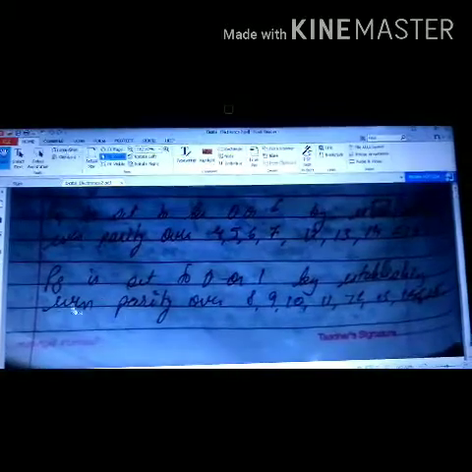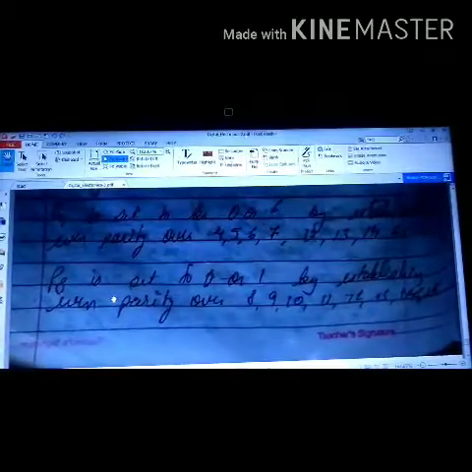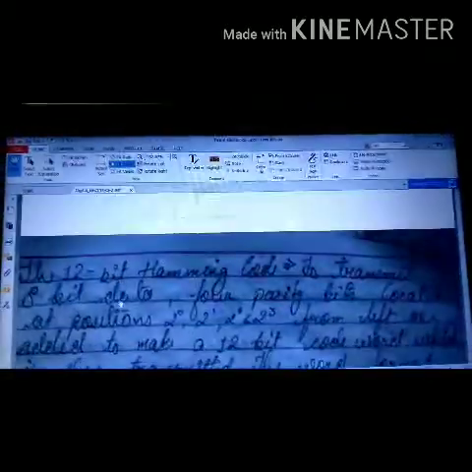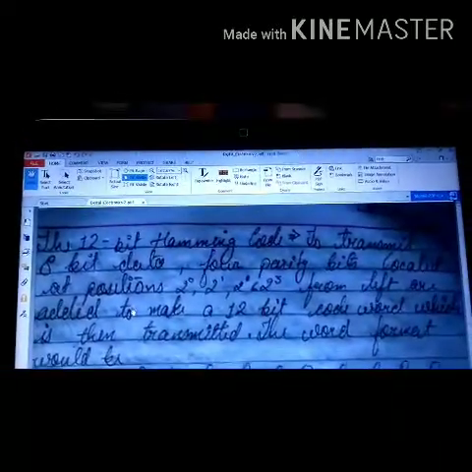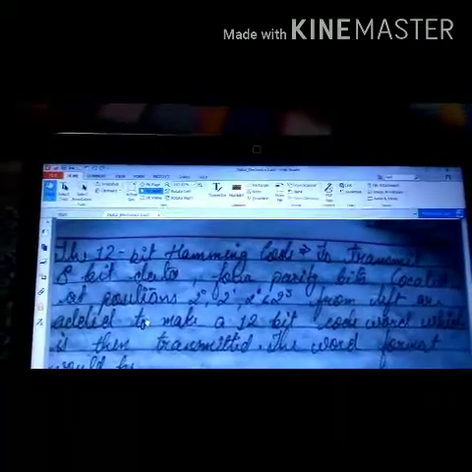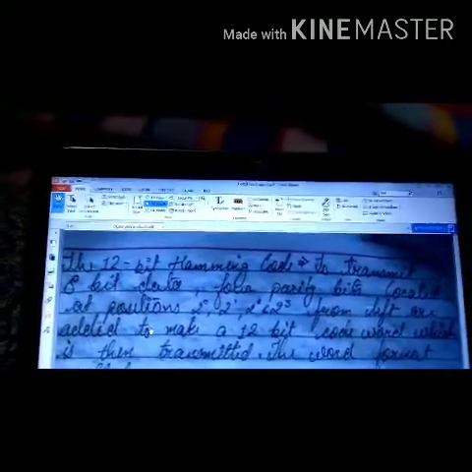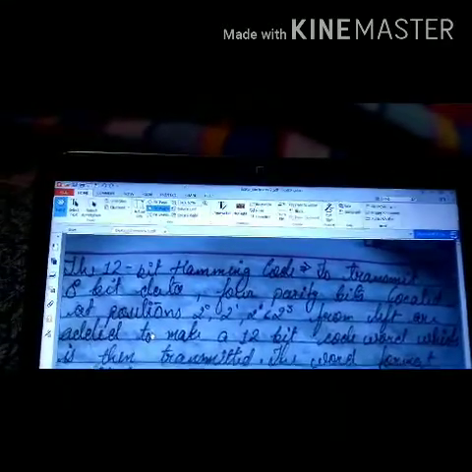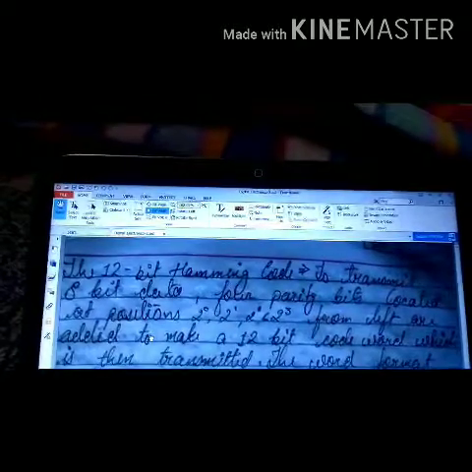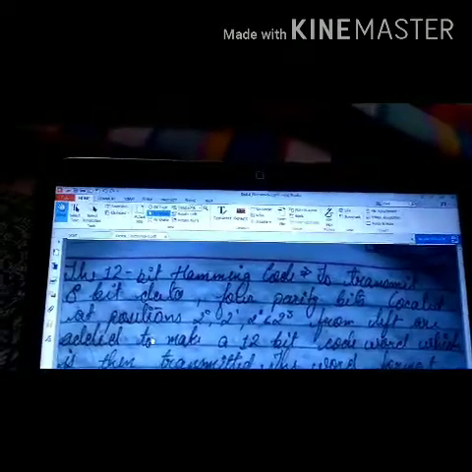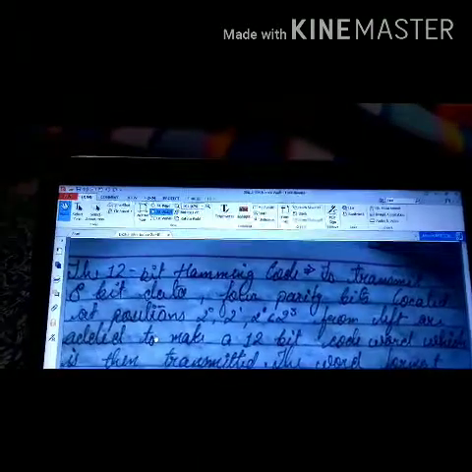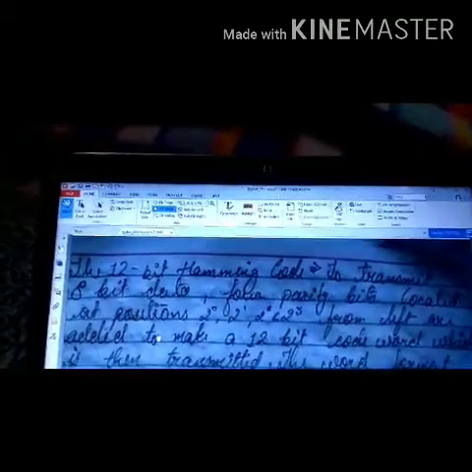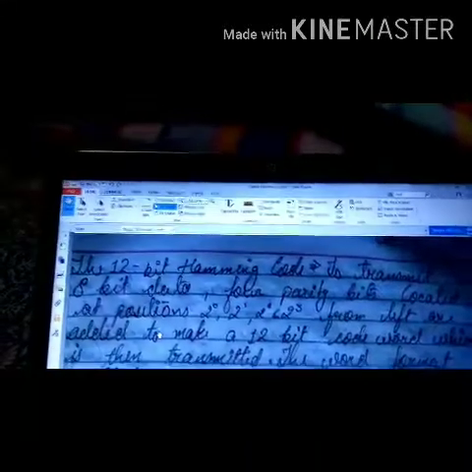So we will have to remember which bit goes with which parity. In a similar way, the 12-bit Hamming code can also be used, and it is utilized for transmitting 8-bit data. Because 12 is between 8 and 16, 4 parity bits will be used. The locations will be the same as the 15-bit code, 2 to the power 0, 1, 2 and 3 from the left side, that is LSB.